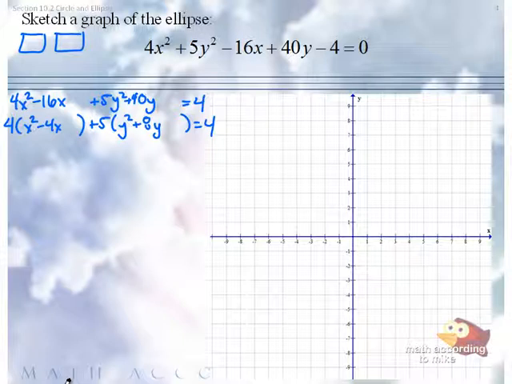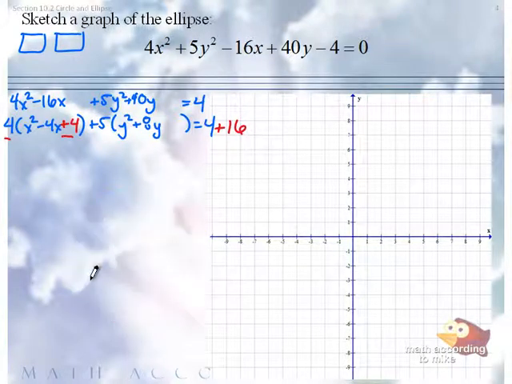So for the x's, we're going to take half of negative 4, which is negative 2. Squared is 4, so I'm going to add 4 on here. So what do I add to the other side? 16. Because you pulled out a 4 and you added 4 inside the parentheses, which means you're really adding 16 to the left-hand side. So you have to add 16 to the right-hand side.